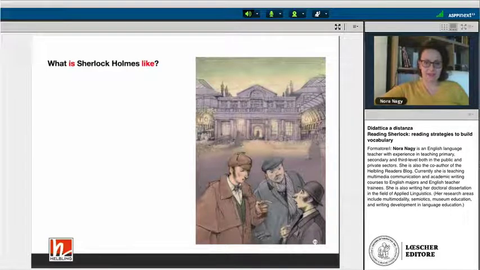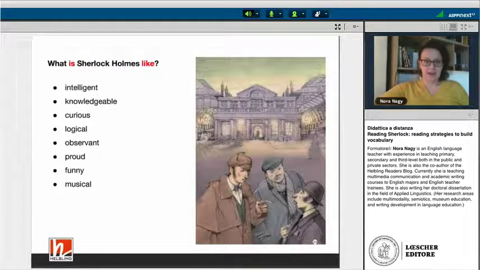Okay, now let's see the words that I have collected. I have said that he is intelligent, but apart from being intelligent, he is also knowledgeable. This might look like a difficult word, but I'm sure that your students will understand it. If you just look at the root, know, knowledge, knowledgeable, so we know that he's also an educated man and he knows a lot.